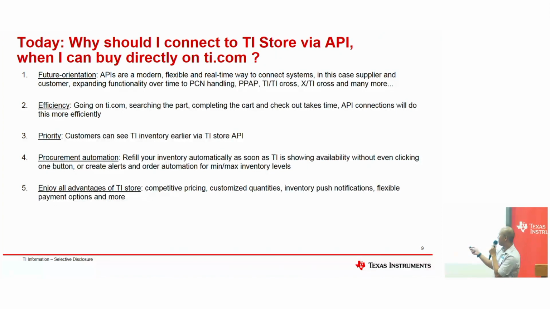I will talk more about this later. Like I said, we also have procurement automation. So let's say if this part is not available right now, you can create an order or create a notification to prompt you whenever there's stock. And with API, you'll also be able to enjoy all the advantages that we have in TI stores.